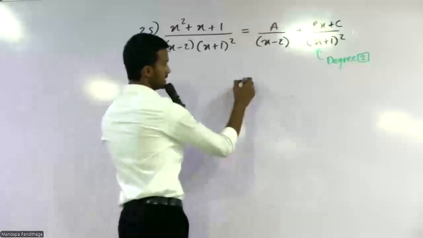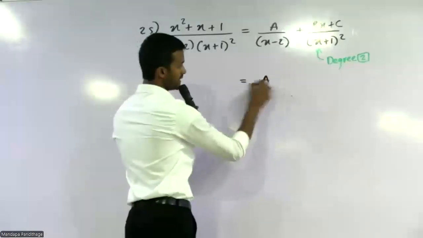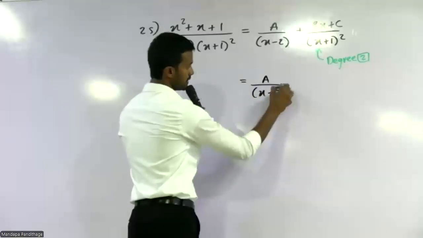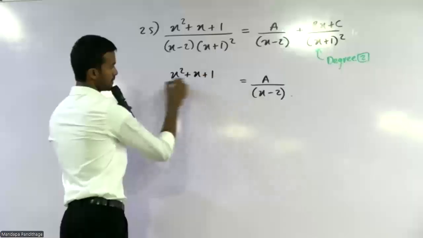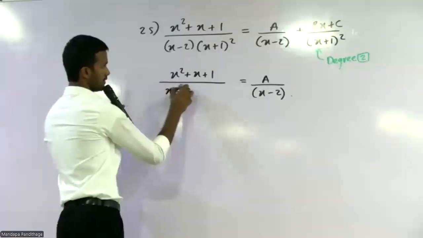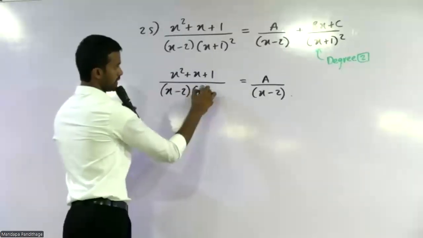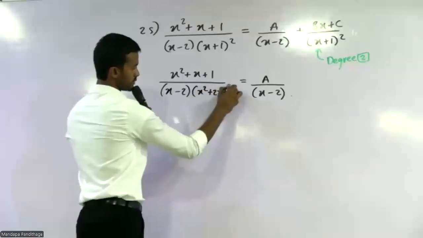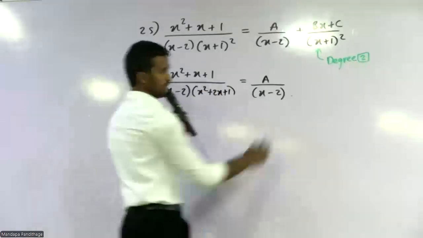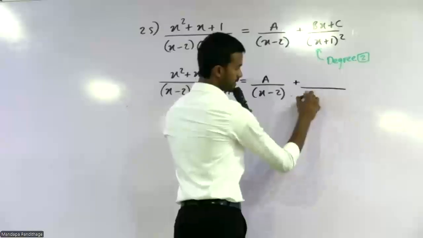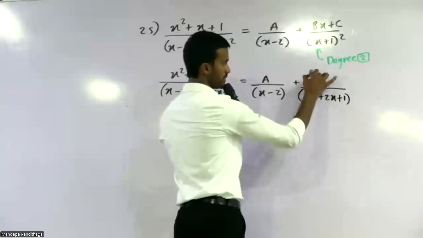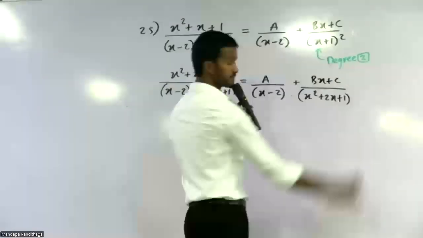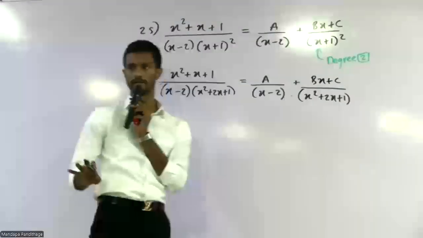Second way is they write the same one, but they expand this factor in the denominator, x squared plus 2x plus 1. And then they are writing that factor x squared plus 2x plus 1, same thing, bx plus c. Okay, so I asked you to write it, but now stop writing.